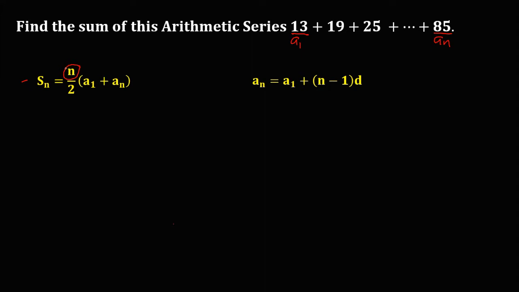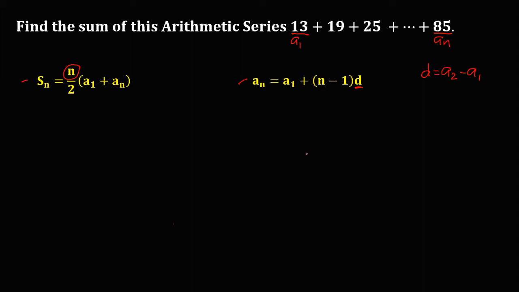And observe, from this formula we have the common difference. So we need to find the common difference, that's the difference between two consecutive terms. The formula to find the common difference is a sub 2 minus a sub 1, or you can use a sub 3 minus a sub 2.